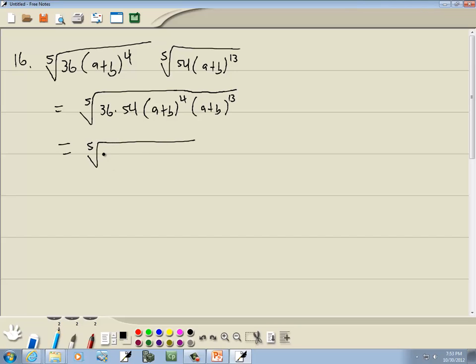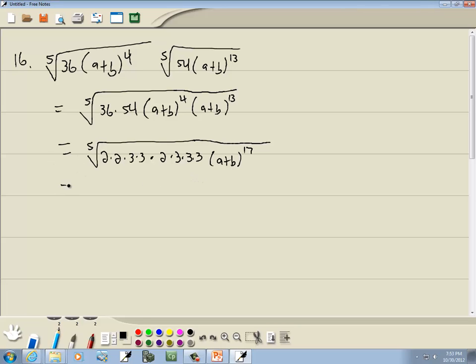Now 36: 2 times 18, 2 times 2, 4, 2, 4, 12, 36. 54: that's 2 times 3, well, 3, 9, 27, 54. Okay. I did prime factorization of 36 and prime factorization of 54. Now a plus b to the fourth times a plus b to the 13th, you add the exponents. So you got a plus b to the 17th.